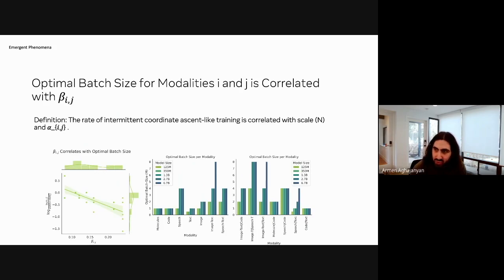Another very cool thing we saw is that the optimal batch size for modalities is correlated with beta ij, the coefficient that captures the competition when it comes to data, the number of tokens. Sorry, I think this definition here is wrong, so don't look at it. But we found that we can predict the optimal batch size if we know this beta ij for a pair of modalities.